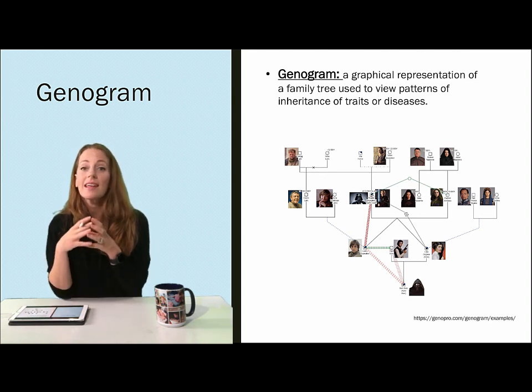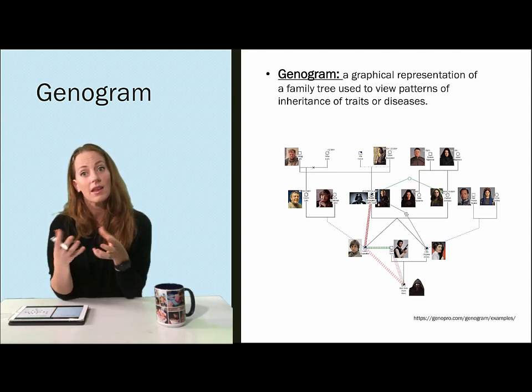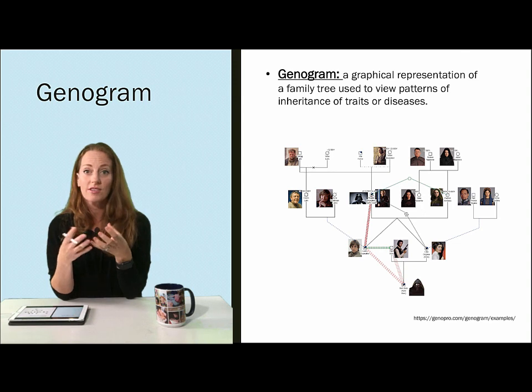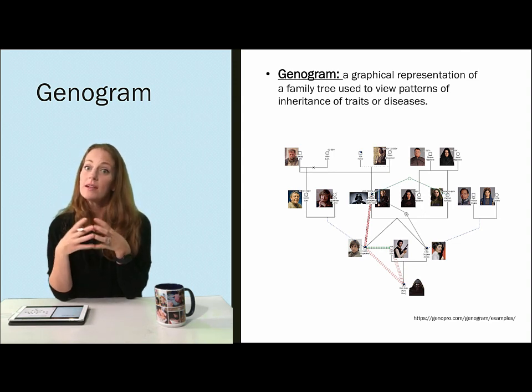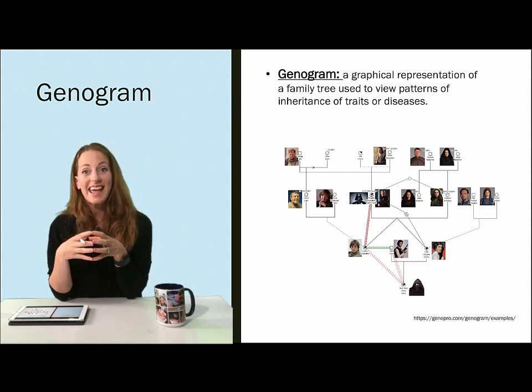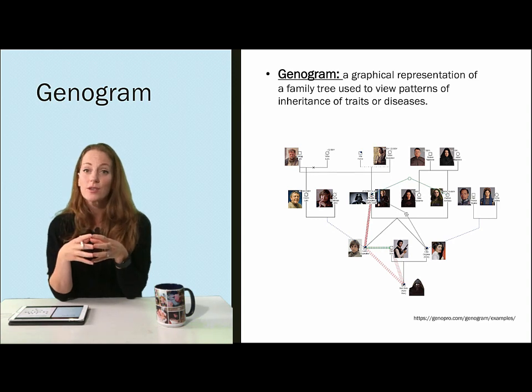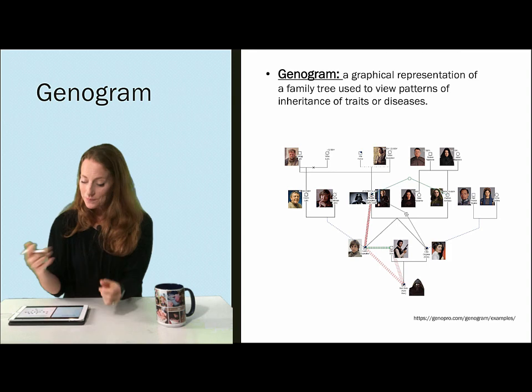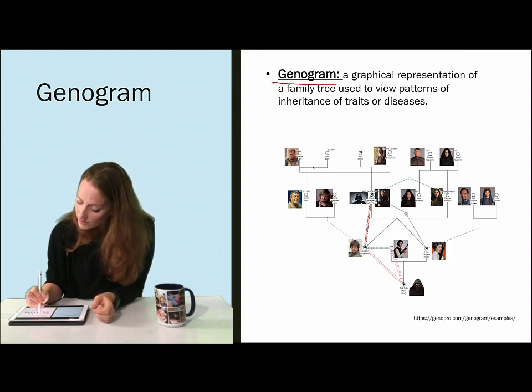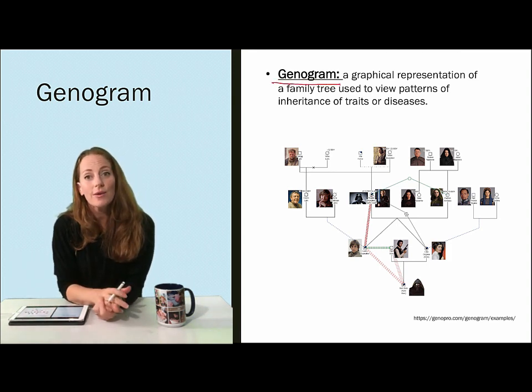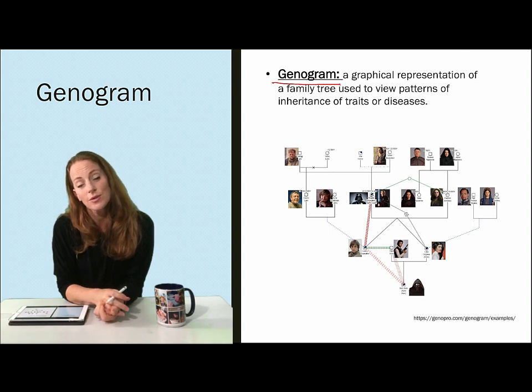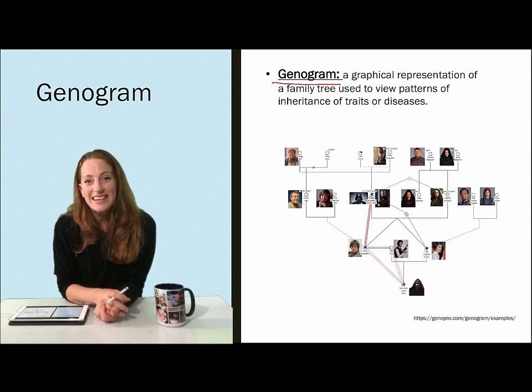And this is where genetic counselors can come in and help to look across generations and actually now sequence the DNA and see what traits you have in your genome. So a genogram, though, is a simple graphical representation of a family tree across generations.